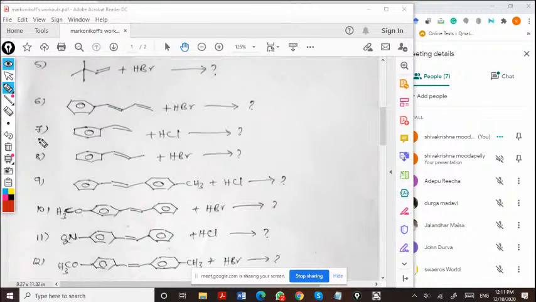So, a similar question, number 7. What could be the product? So A or B, which is the major product? So this is HCl.